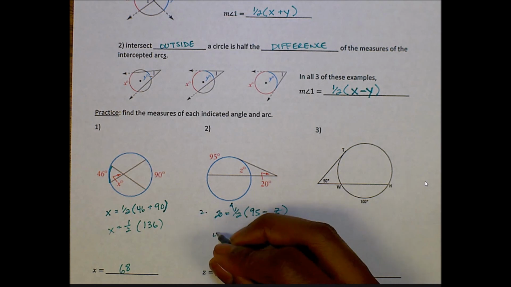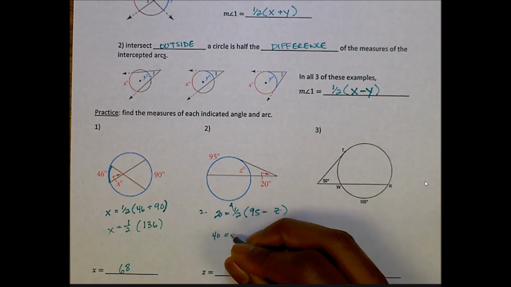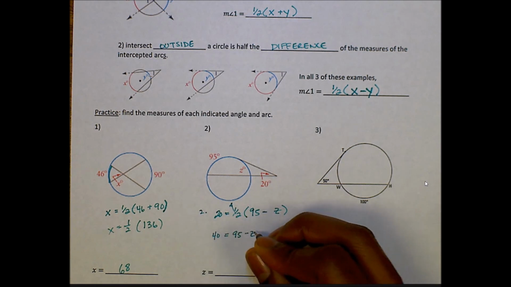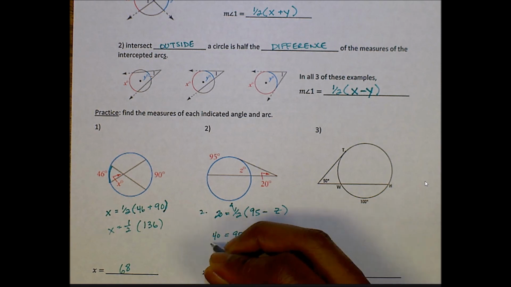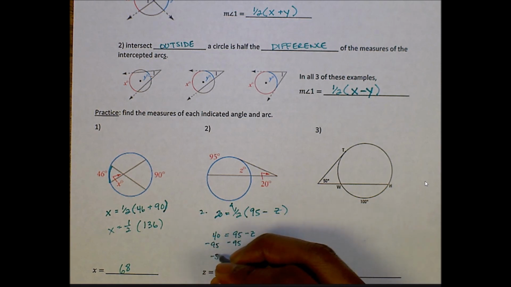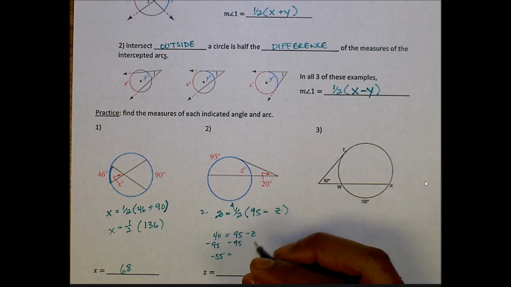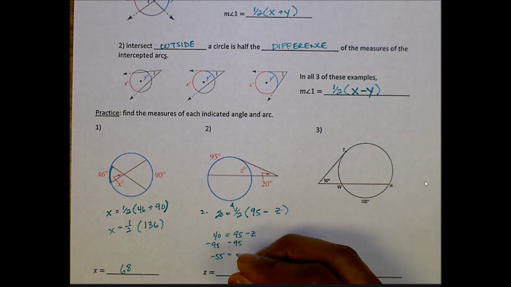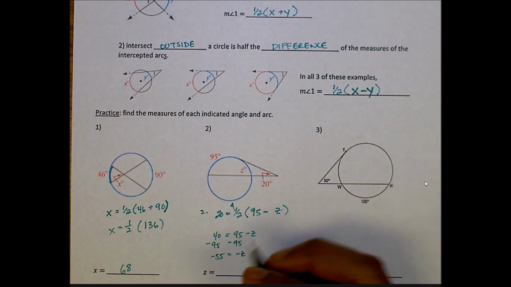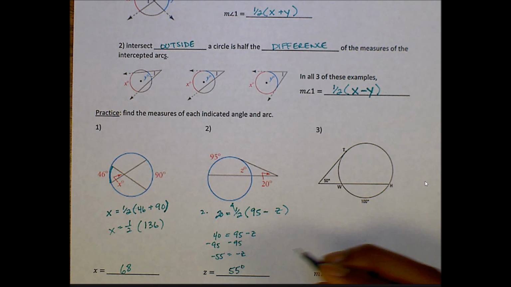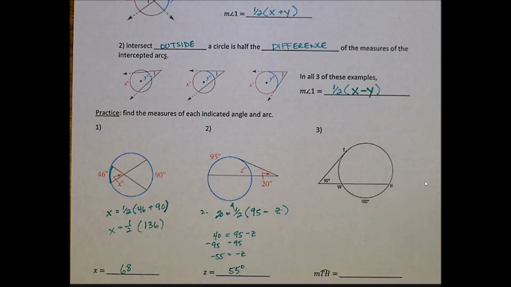And so 40 equals 95 minus z. Subtract 95 from both sides. Gives me negative 55. Yes, negative 55. And that means negative z is negative 55, and z must be 55.